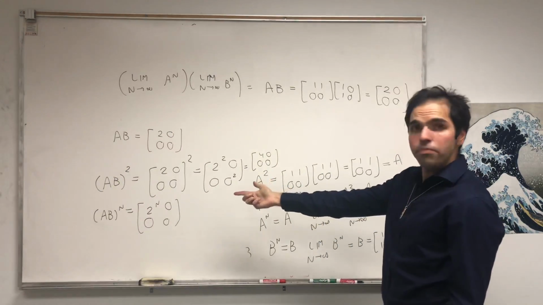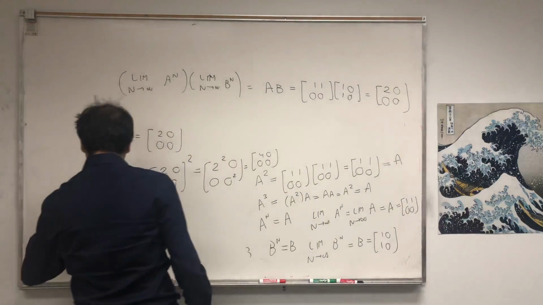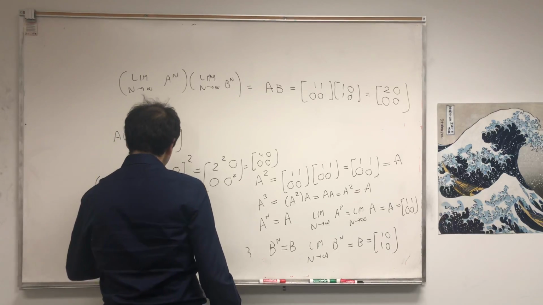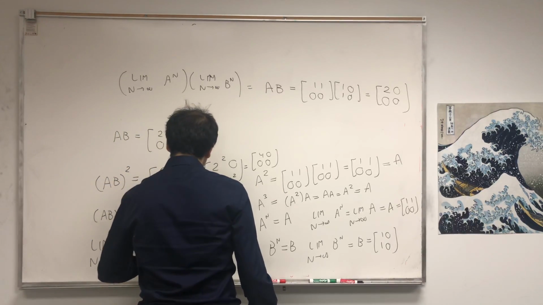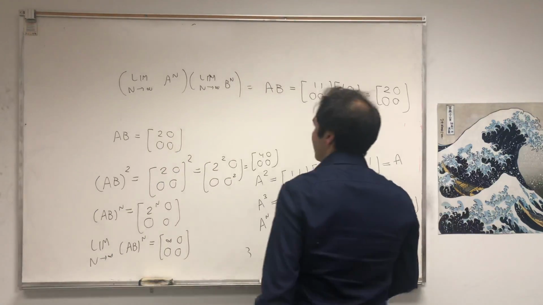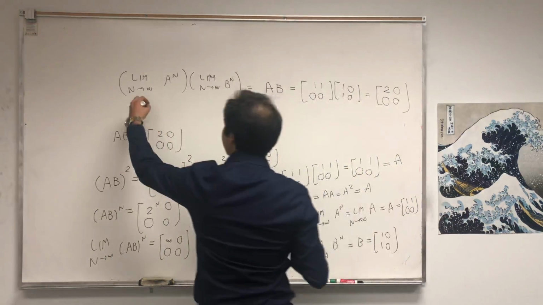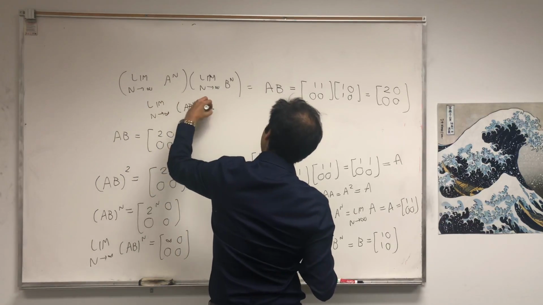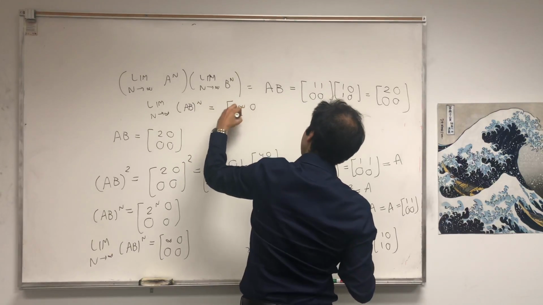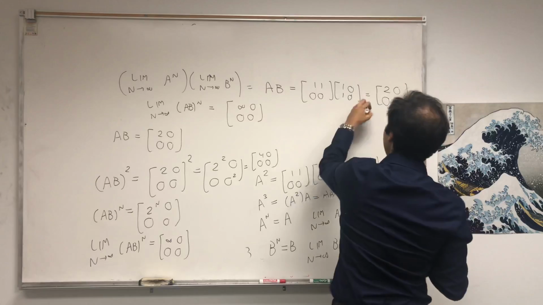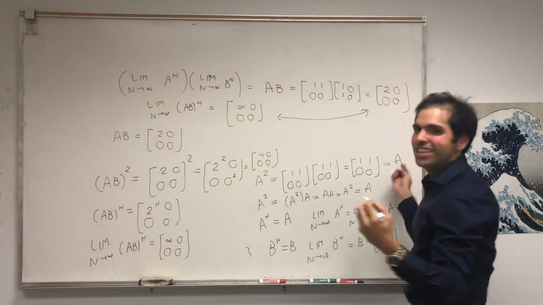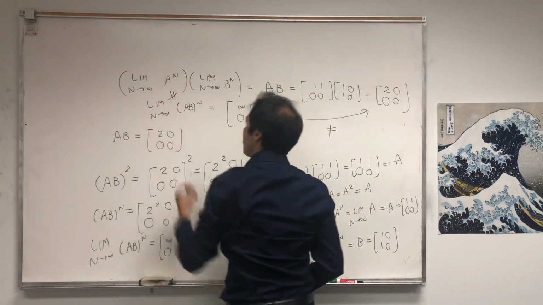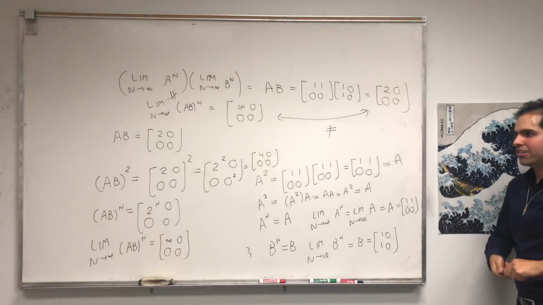What happens when we let n go to infinity? You get a weird divergent matrix: infinity, 0, 0, 0. Notice the limits don't agree. Hopefully we can agree that 2 is not infinity, so those two things are not equal. Therefore, the limit of the product is not equal to the product of the limits.